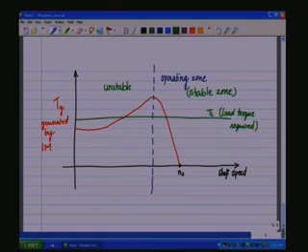So which means that there are two possible operating points. There is one operating point which is here. There is also another operating point which is here. So let us take this operating point here.